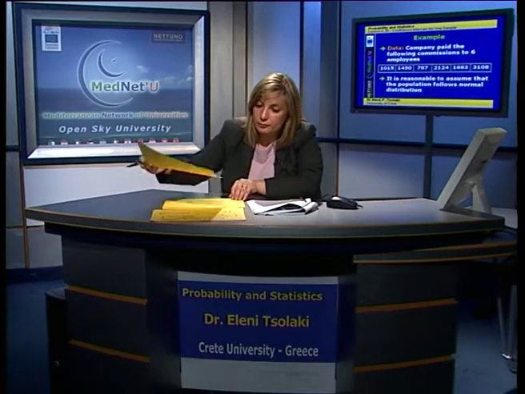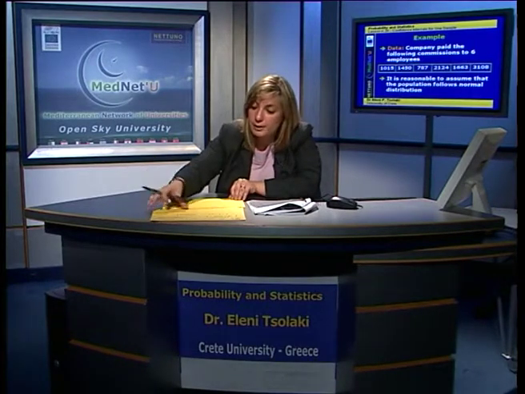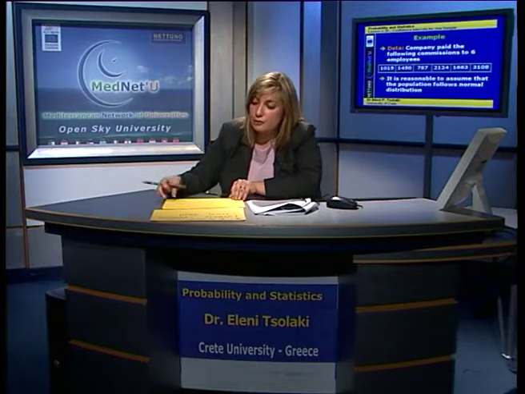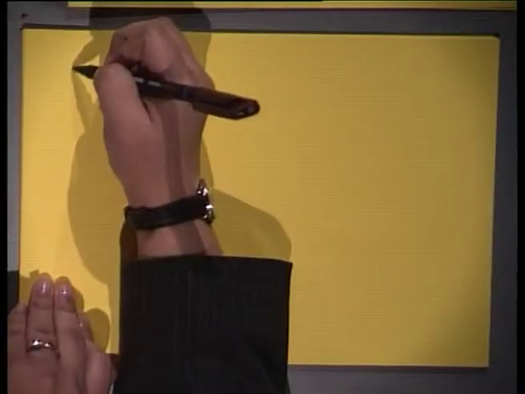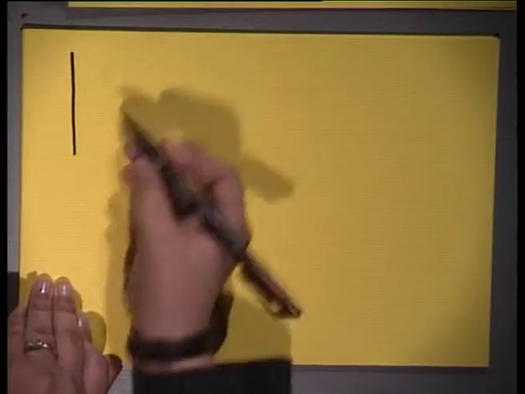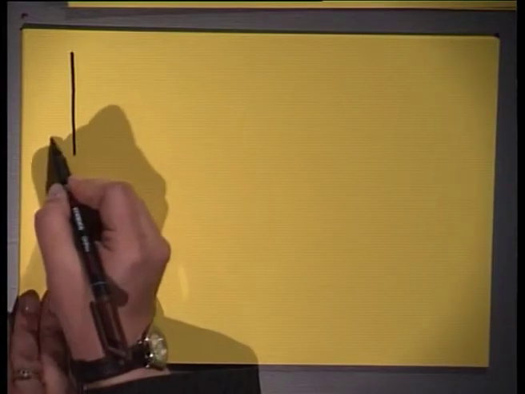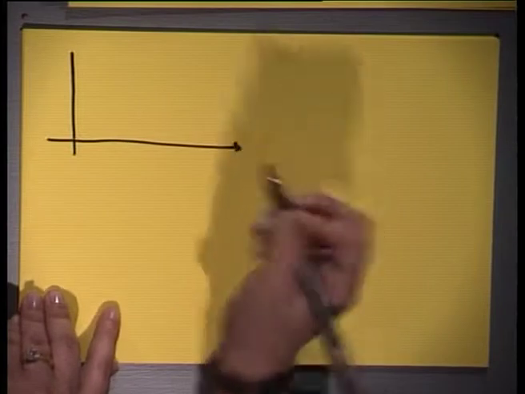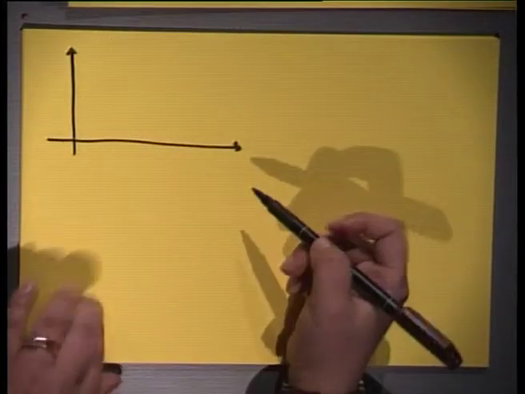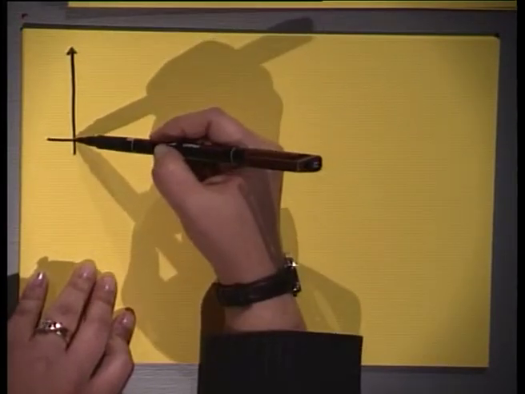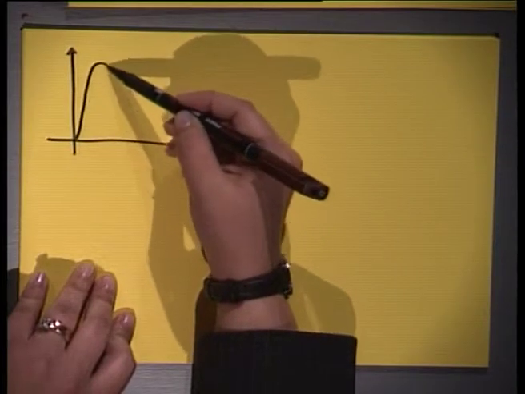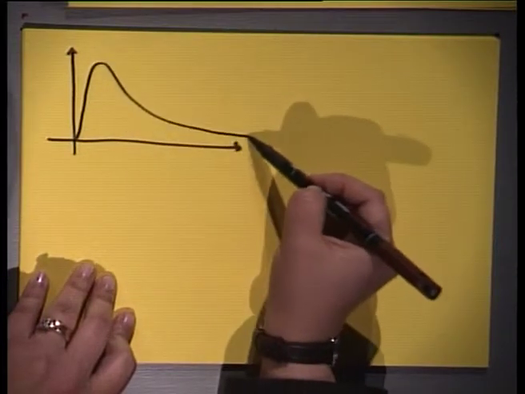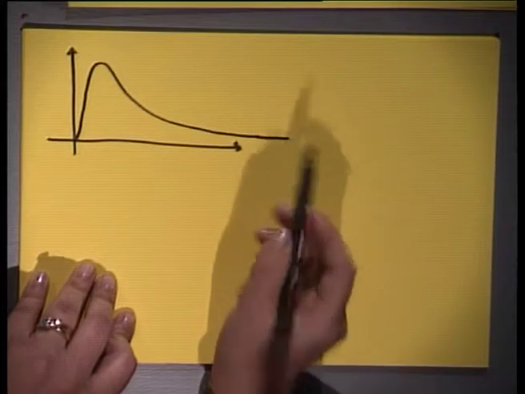So, although depending on the degrees of freedom the chi-square distribution would look different, in general, most of the times it looks something like this.